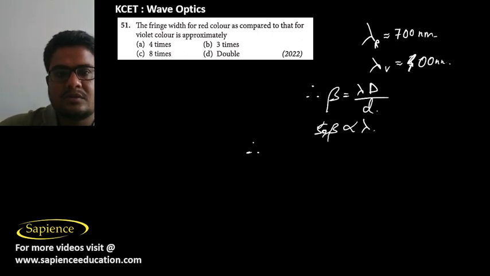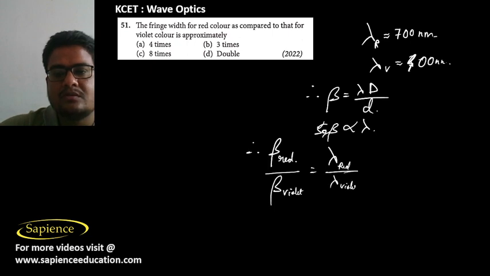So the fringe width for red divided by the fringe width for violet will be equal to the wavelength for red divided by the wavelength for violet, which is 700 nanometer by 400 nanometer.